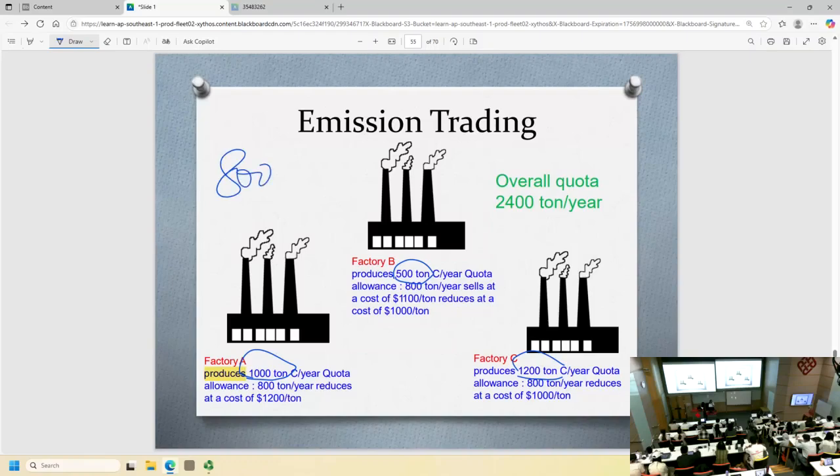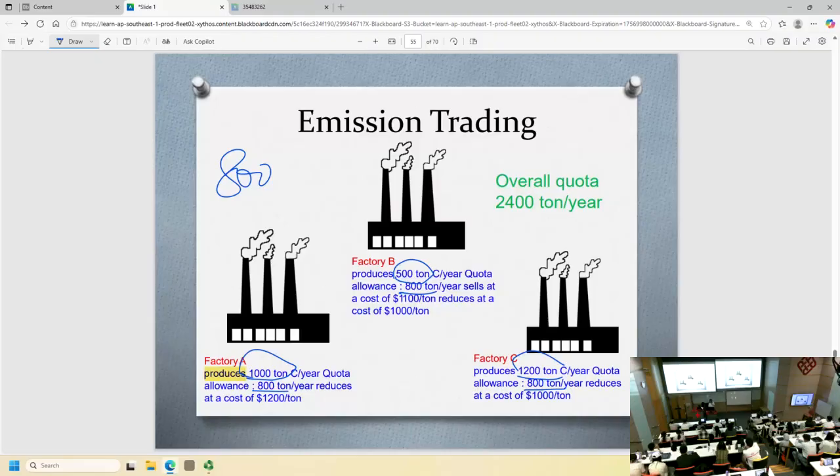So for factory A, 800 allowance. Factory B, also 800. Factory C, also 800. And it depends on the organization, the region, the factory. Some factories will find it cheaper to reduce their emissions.